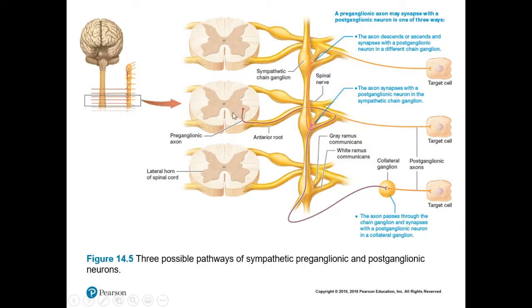Either from the spinal nerve onto the same level ganglion, it can go up into another ganglion and then from there to the organ, or go down into another ganglion and then from there to the organ, or perhaps even a collateral aortic ganglion right here. So those are the three ways in which sympathetic communication can take place.